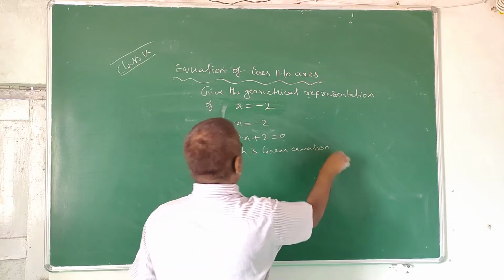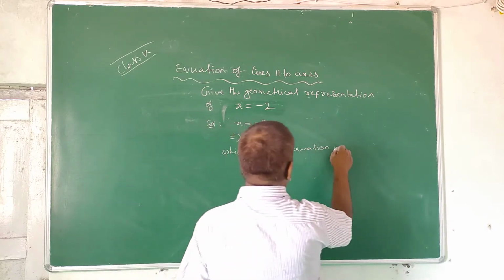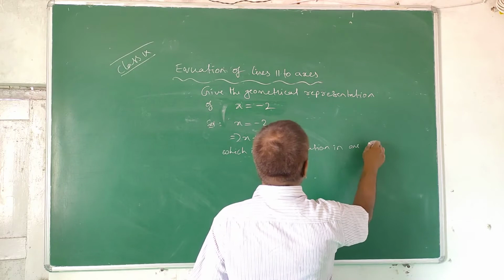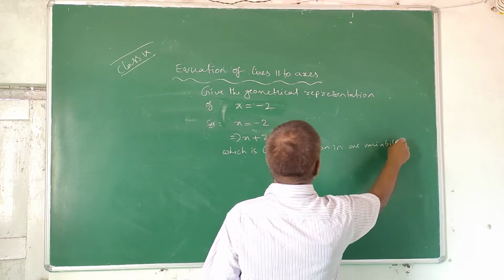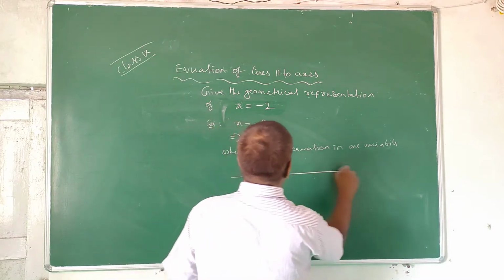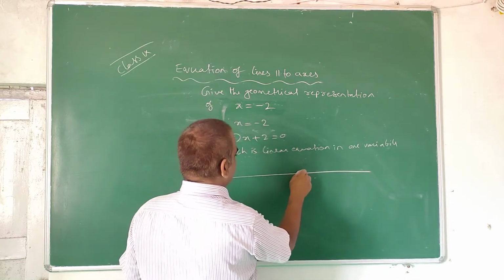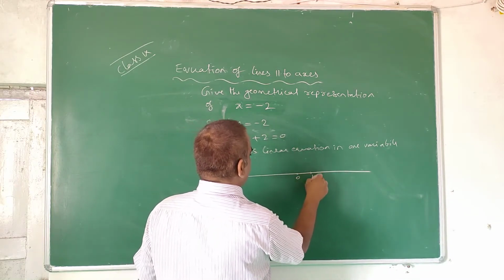If you treat this as a linear equation in one variable, then its geometrical representation will be a point on the number line.